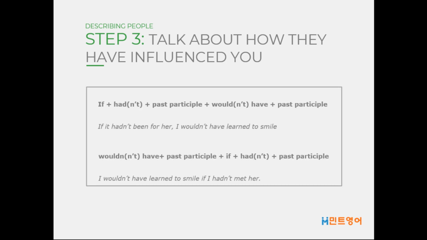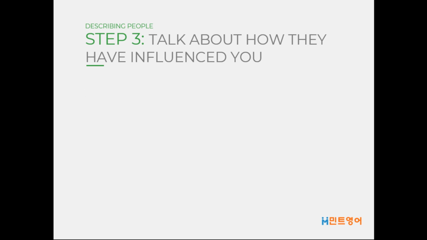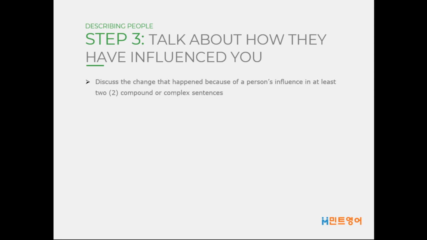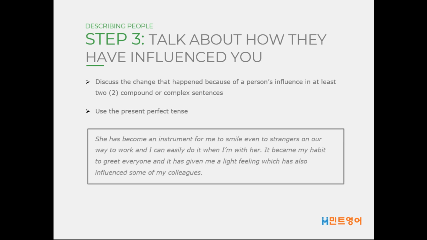These are how third conditionals are formed. Next is to discuss the change or changes that happened because of his or her influence in at least 2 compound or complex sentences. To do this, use the present perfect tense. Look at this example.